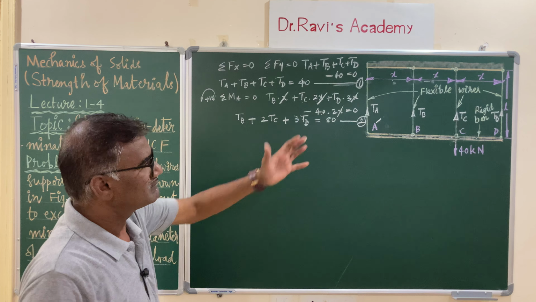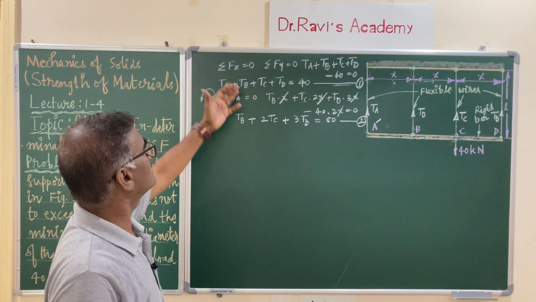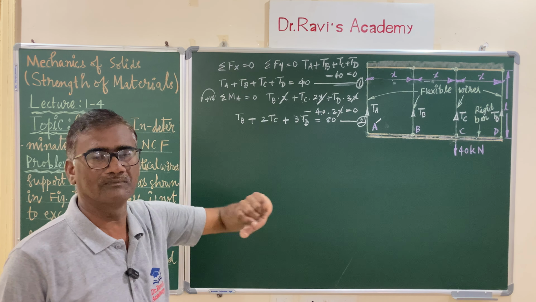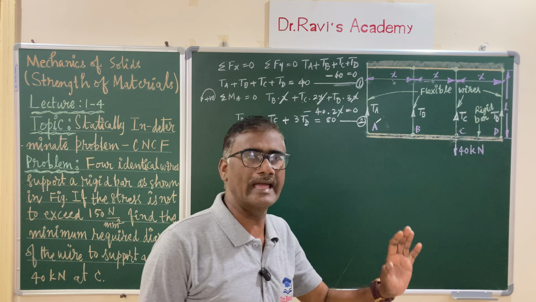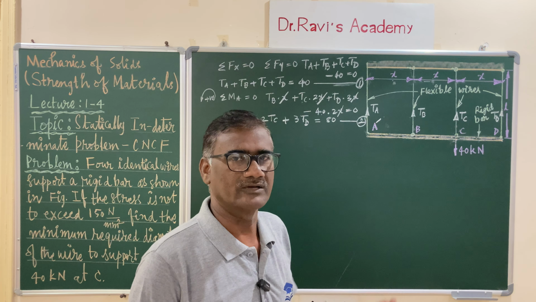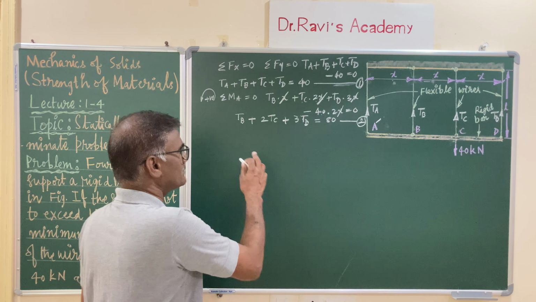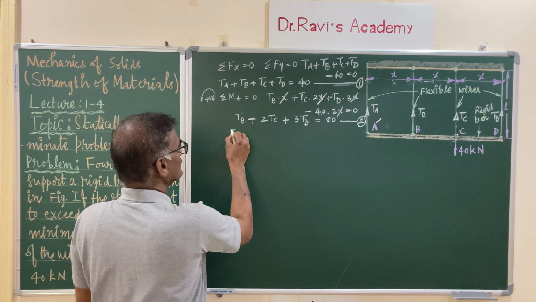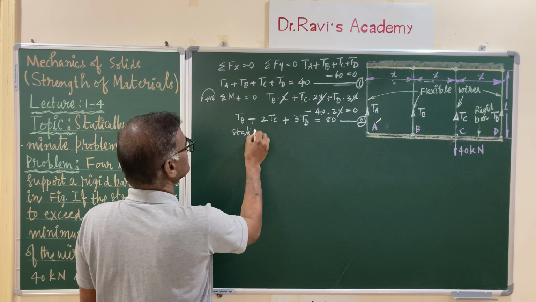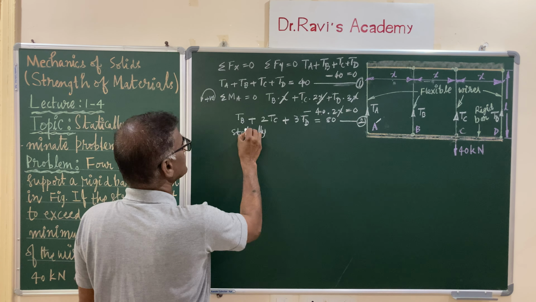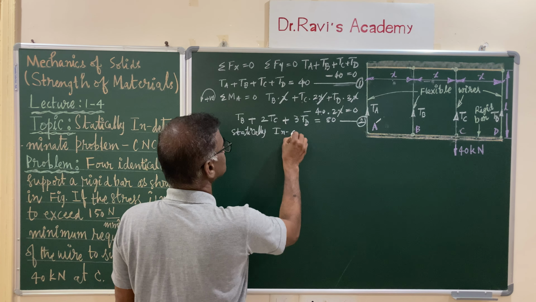And observe carefully, you have 4 unknowns and of course only 2 usable equations of equilibrium. Your unknowns are more than the equations available to you. So obviously you can conclude that this particular system is a statically indeterminate problem.